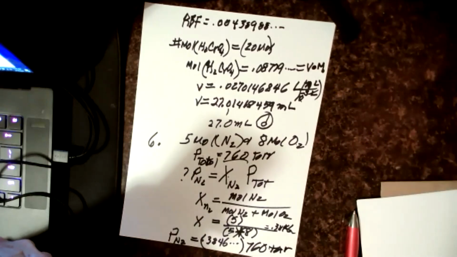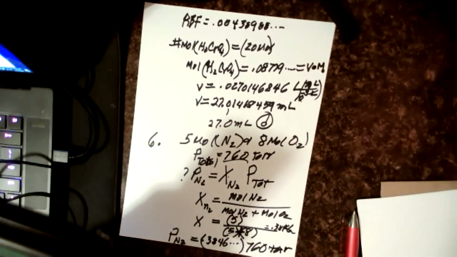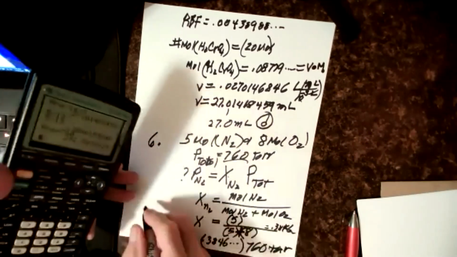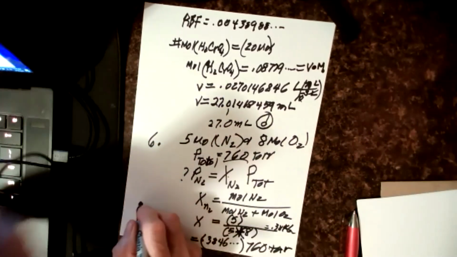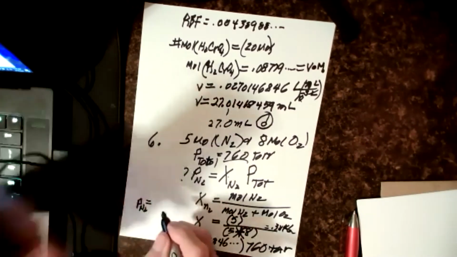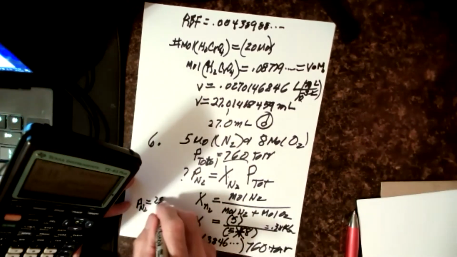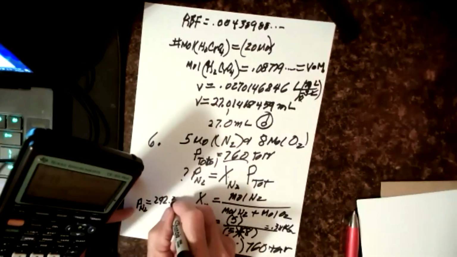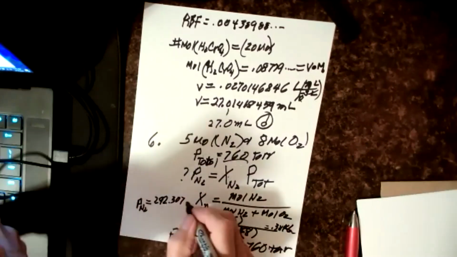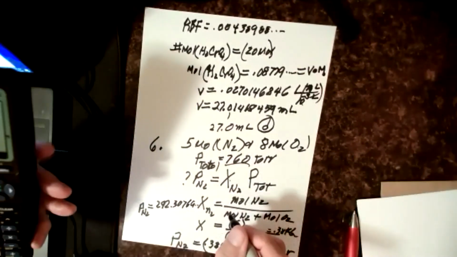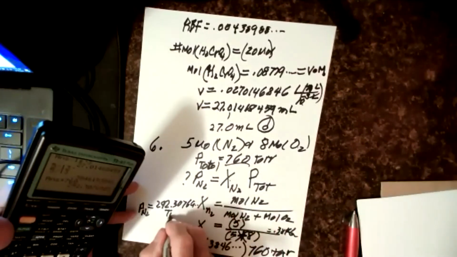If I just take that number times 760, I get, I'll write it here in this white space, the pressure of the N2 is 292.30769, another digit or 2, torr.